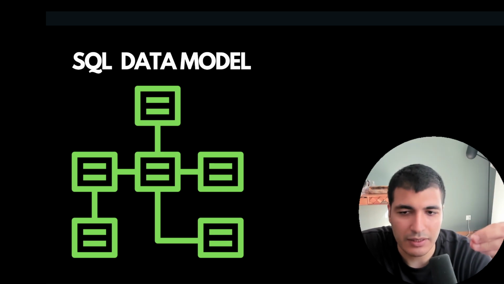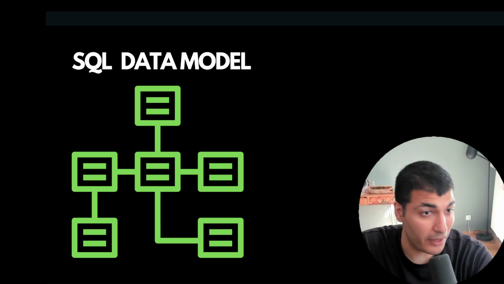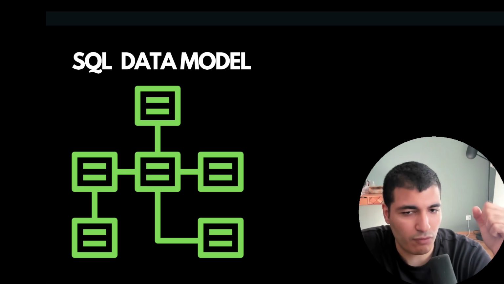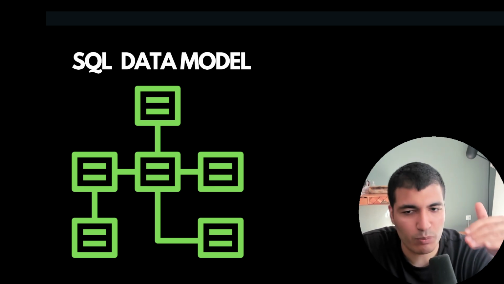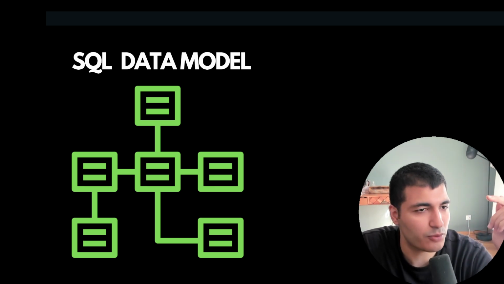The user ID in the orders table would be a foreign key linking each order back to the specific user who placed it. This structured approach is fantastic for applications where you need to perform complex queries and analyze relationships between different types of data.